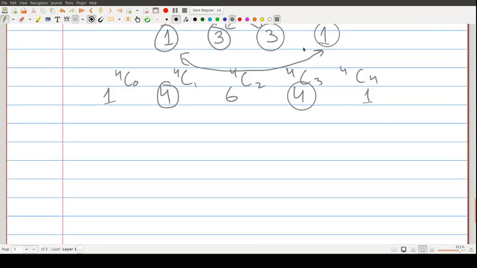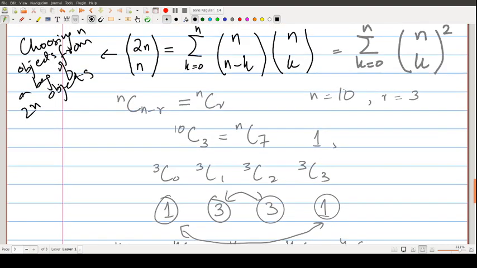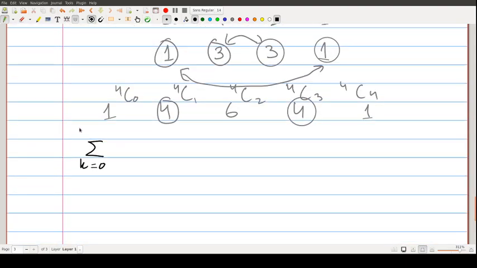So basically your summation k goes from 0 to n of n choose k squared.